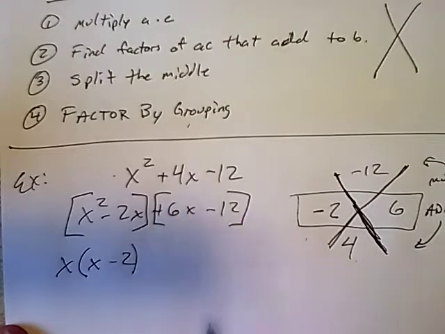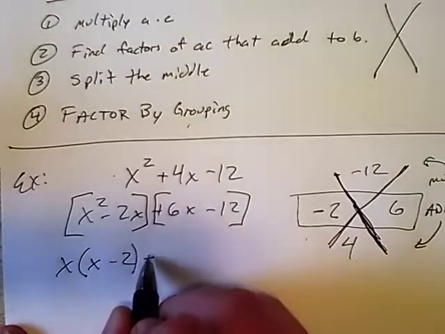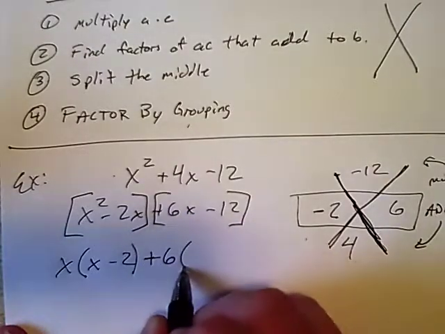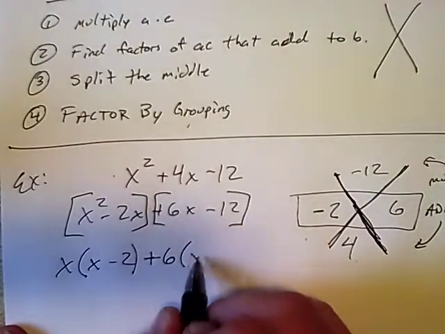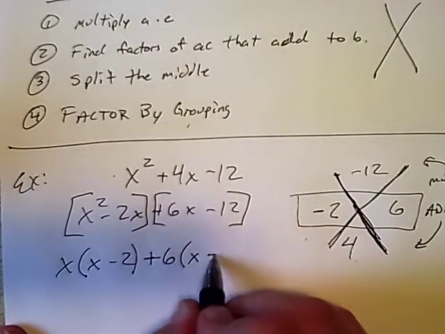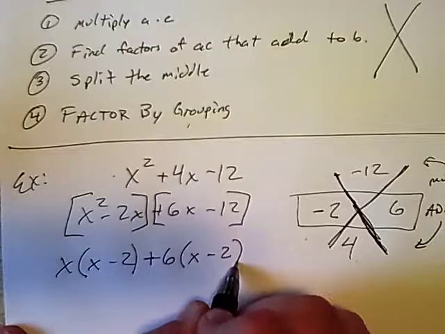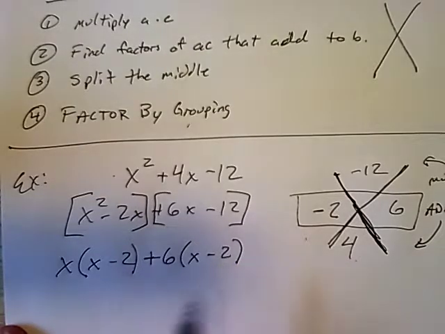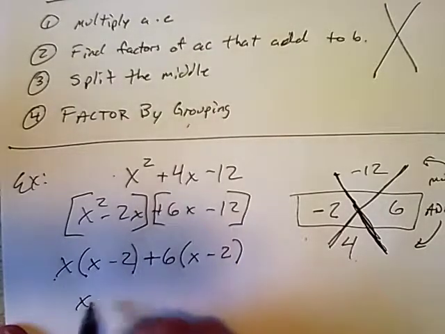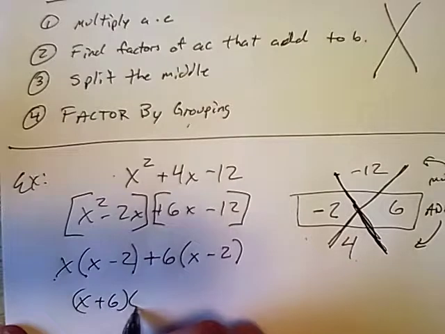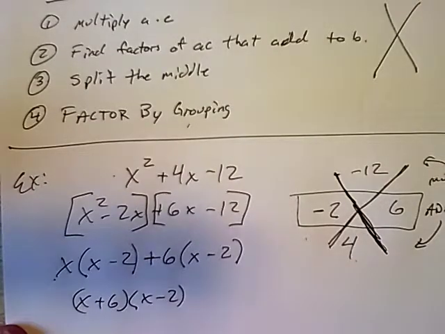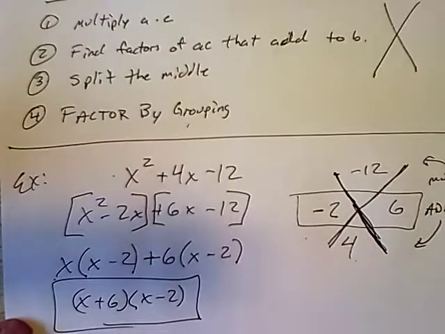Okay, so 6 and 12, they both have a 6, and I'm going to take that sign with it. 6x divided by 6 is x. Negative 12 divided by 6 is a negative 2. These are the same, so then I have x plus 6 times x minus 2. And those would be my factors.